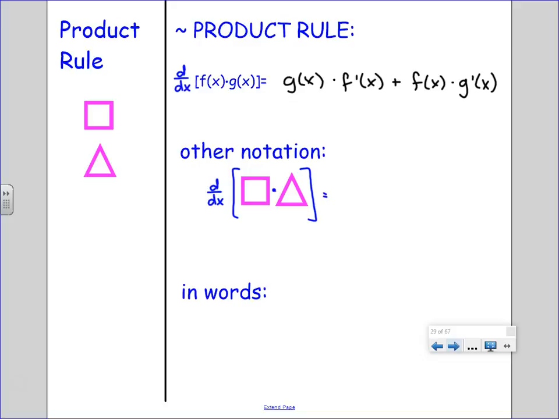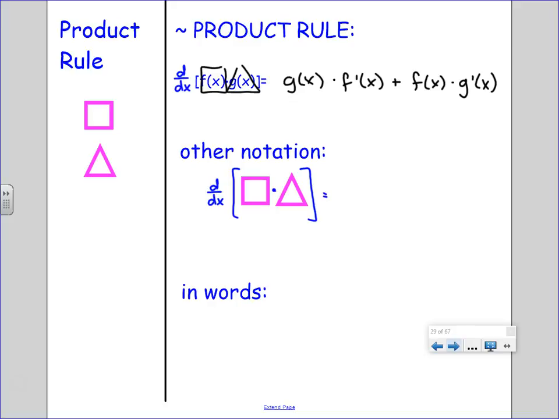However, for some of you, it's going to be a lot more helpful if we can visualize this without the messy f's and g's. Especially because in homework, quite frequently they give you the function f of x equals, and then the equals has a product, and then you're like, oh, there are two f's, and I just get confused. So the other way of visualizing it is with boxes and triangles.